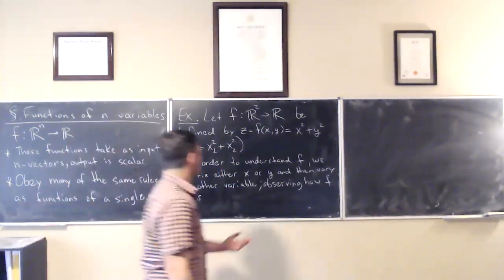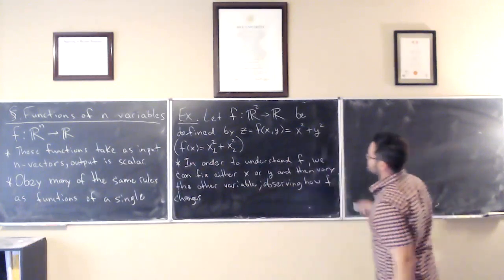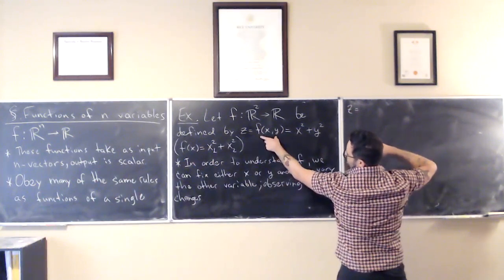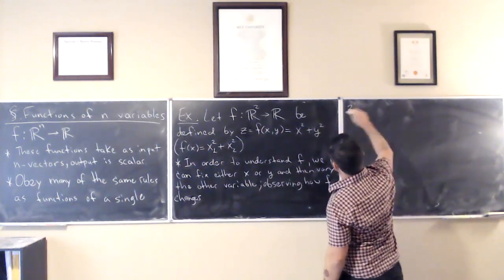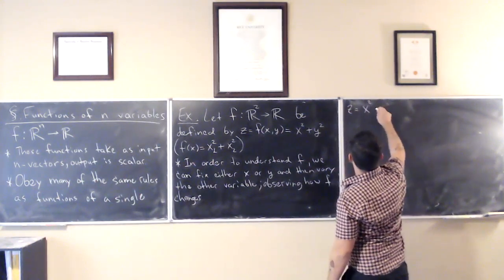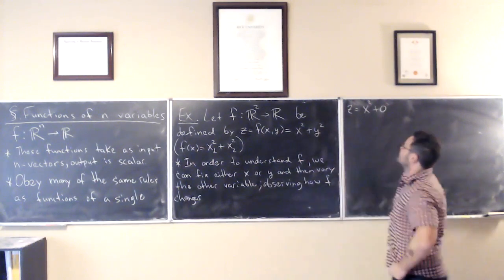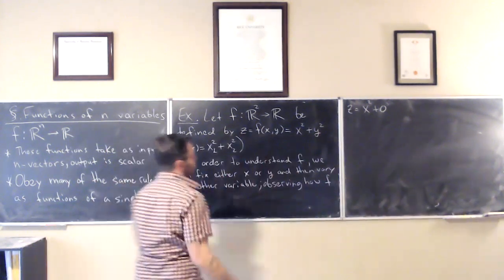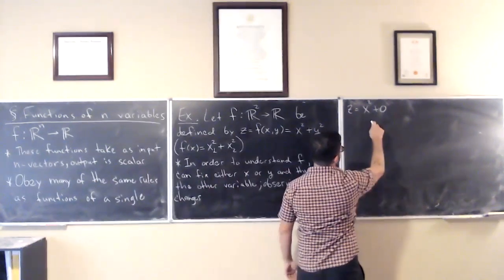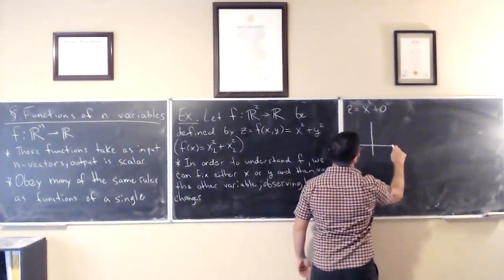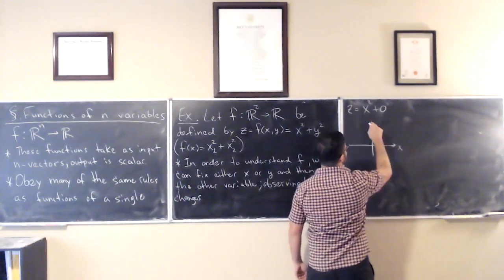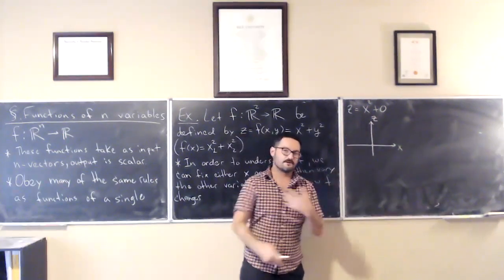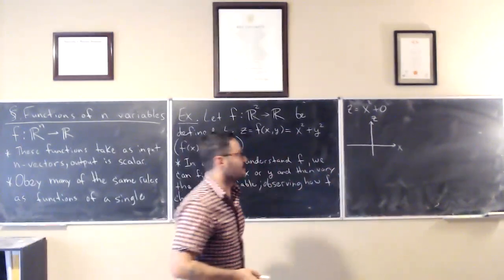Okay. So, for example, we have z, which is just a representation of the function f, equal to x squared plus y squared. What we can do is fix y at 0. So just fix y to be 0 and see what happens. If this is x and this is z, and we choose varying values for x, how is z going to behave?